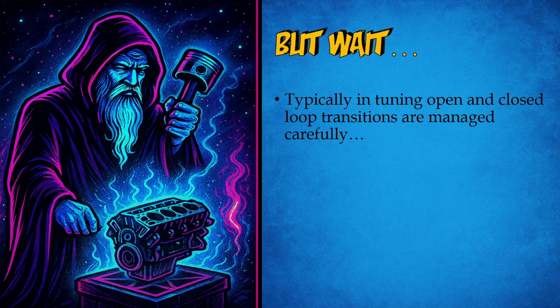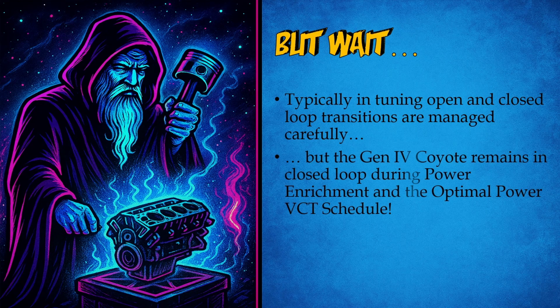Wouldn't you know it, in S650s, I've seen it in my logs time and time again. This ECU stays in closed loop during power enrichment and the optimal power VCT schedule, which means when you go wide open throttle, which is what we're really tuning for, right? We want to make sure that all these models are perfect.